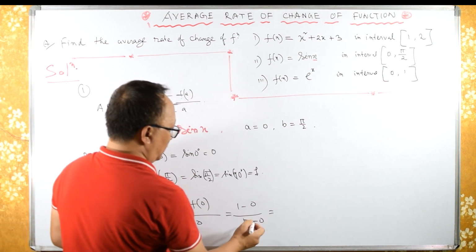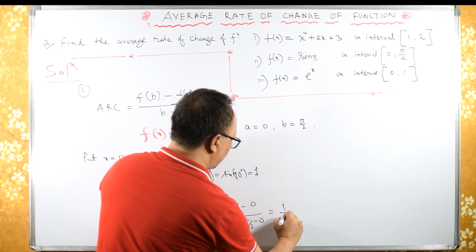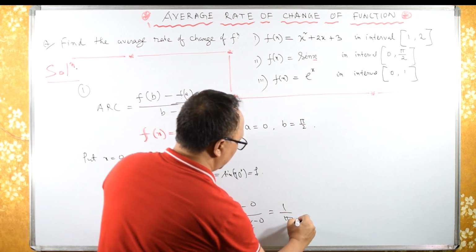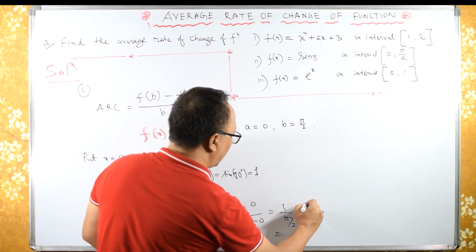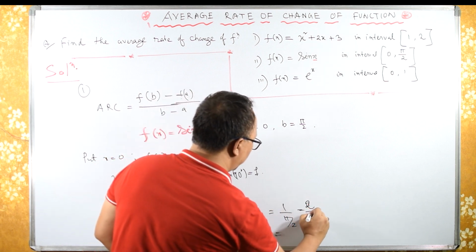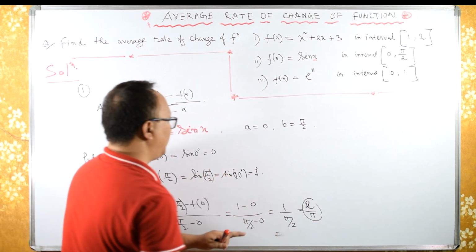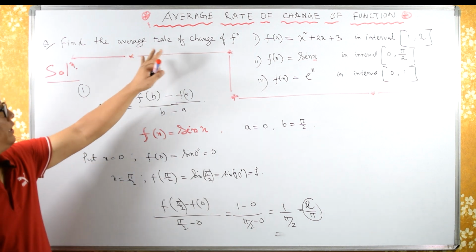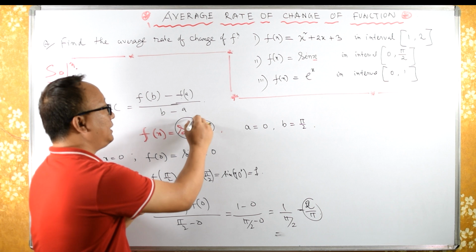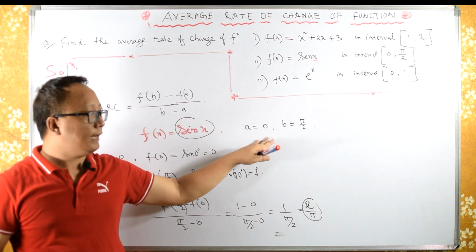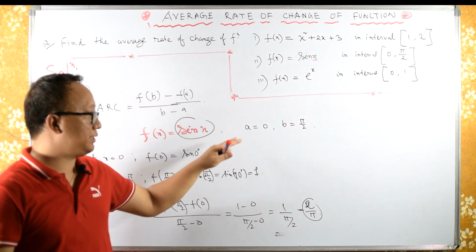Therefore 1 upon pi by 2, and the 2 can go up, the same as 2 by pi. Therefore 2 by pi is the average rate of change of the function sin x in this particular interval. Let's see graphically how it works.